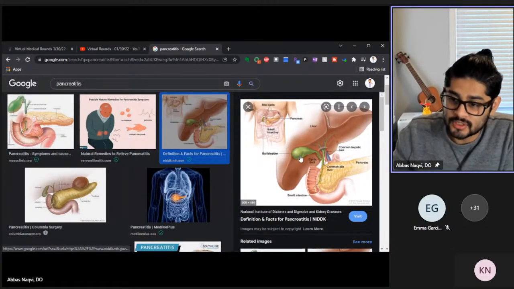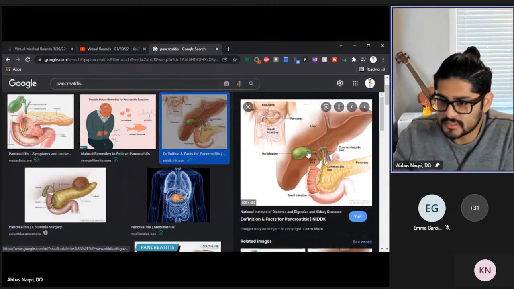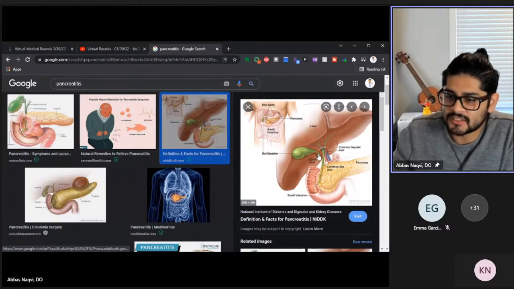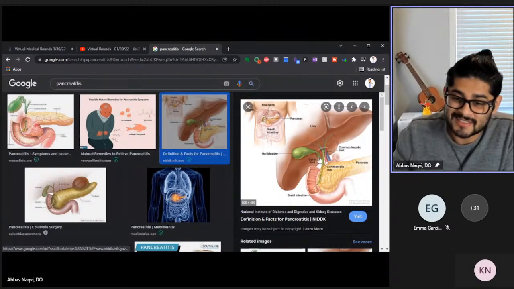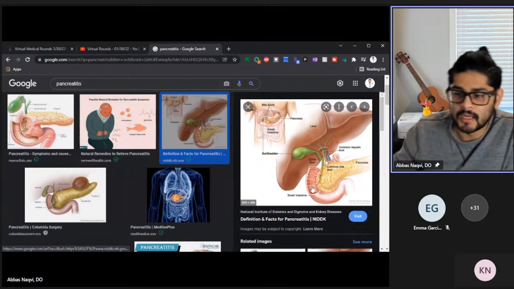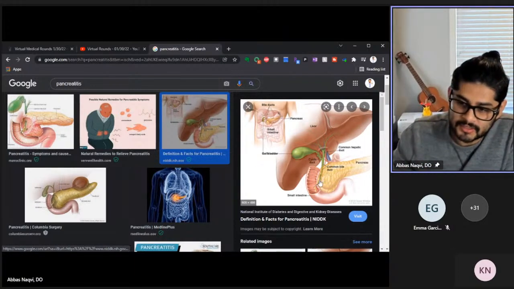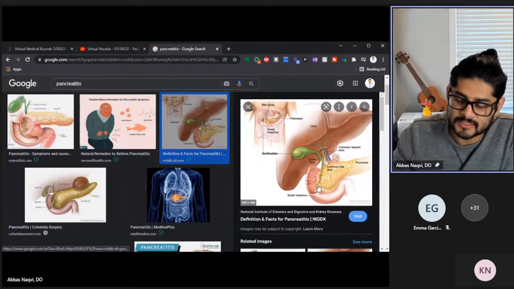If you're producing stones in here because the bile is sitting here, the stones can sometimes get lodged in the outflow of the gallbladder, and that can cause cholecystitis, where the gallbladder is inflamed. But if that stone is able to travel down through the common bile duct going into the small intestine, sometimes it gets stuck right where that tract goes into the intestine.